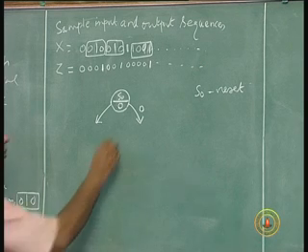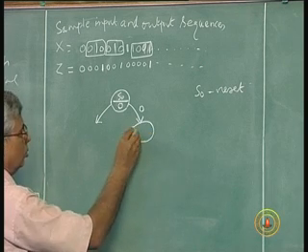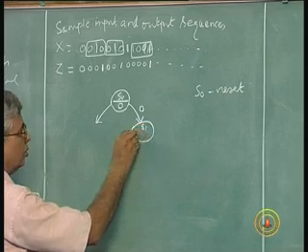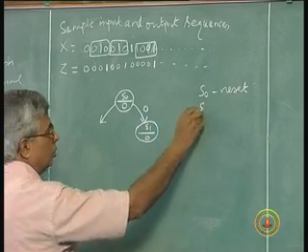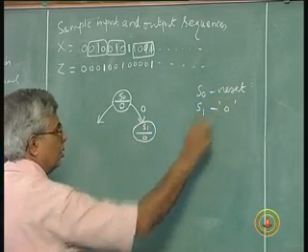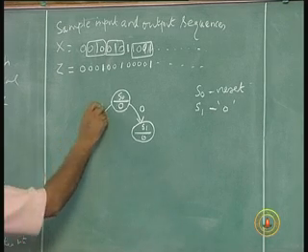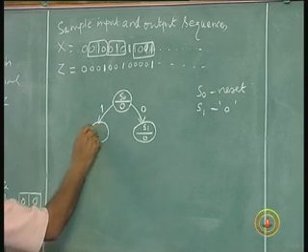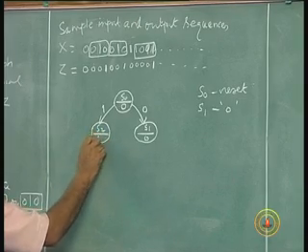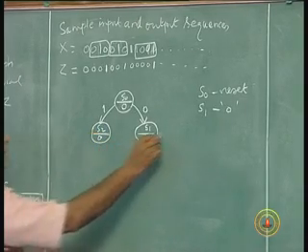So, when you go to S1, S1 is a 0 state, remember. On 1, S2, a 1 state, remember.